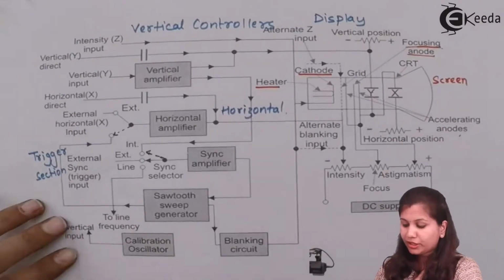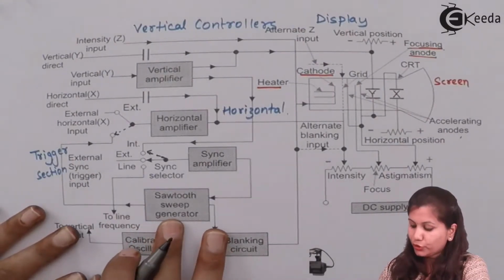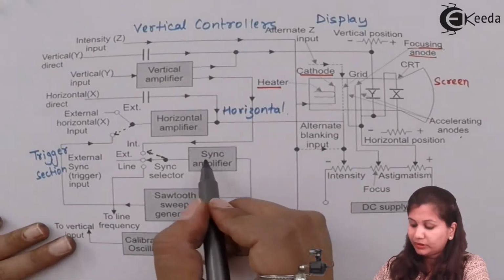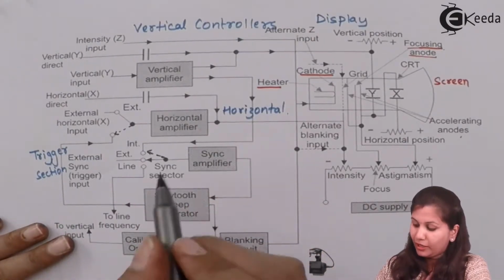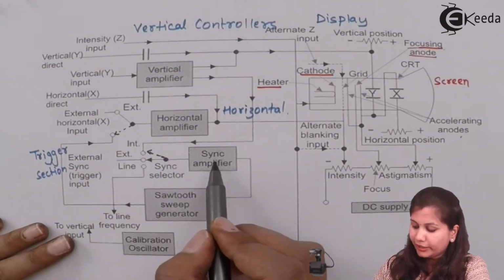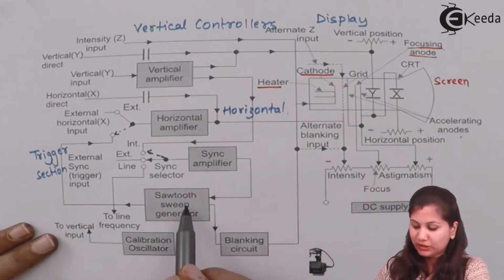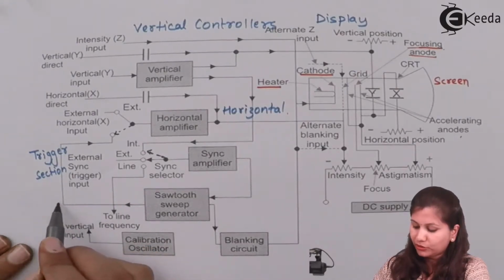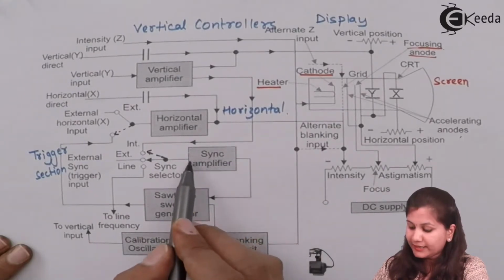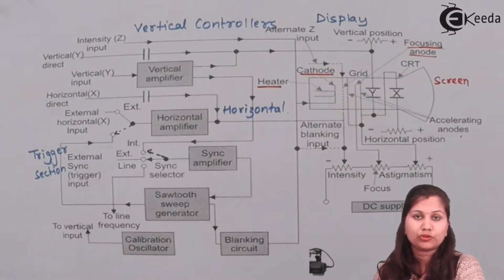So the whole function of the sawtooth sweep generator is to generate the ramp voltage or time base by triggering with the synchronizing amplifier. When the synchronizing amplifier is at the internal position, it is going to trigger the sawtooth sweep generator, and this sawtooth is going to trigger the horizontal amplifier. Now this synchronizing amplifier is used for synchronization.